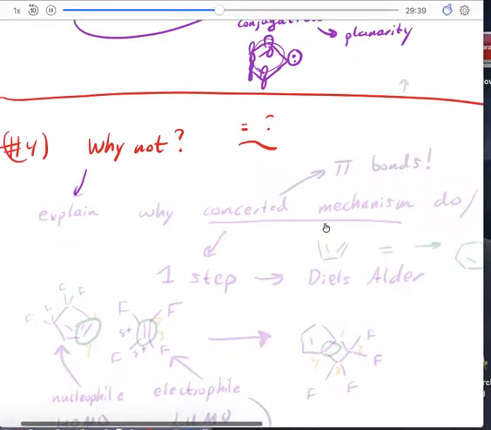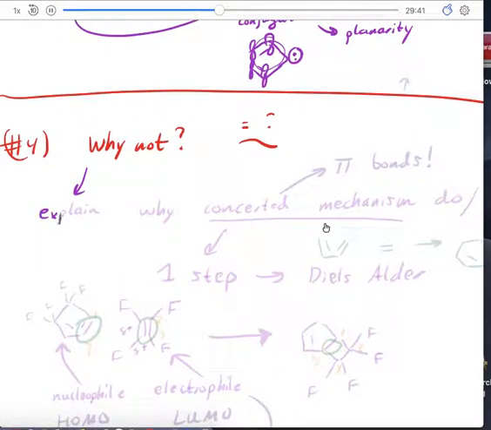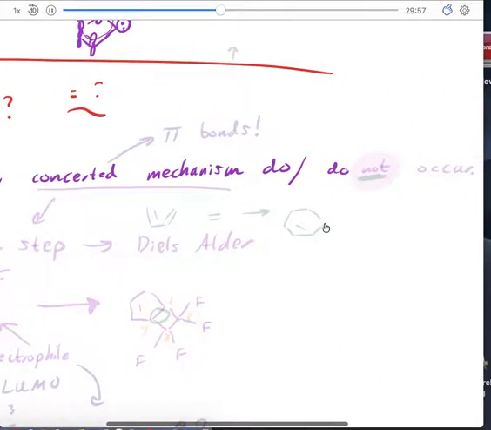So we're going to use this to explain why concerted mechanisms do or do not occur.